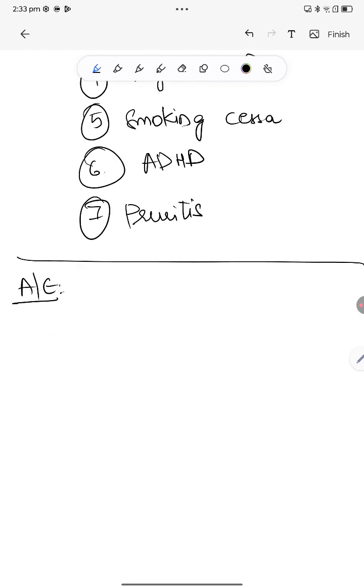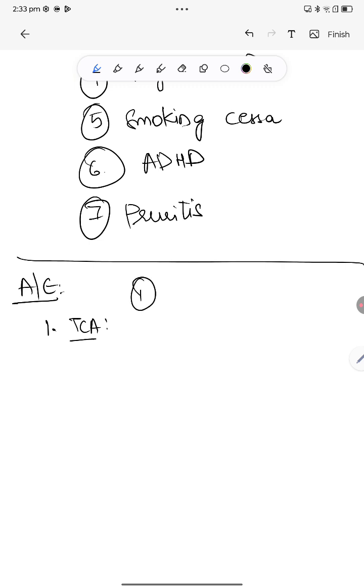Now we will talk about adverse effects. First, adverse effects of TCAs, because there are a lot of other receptors which are being modulated by TCAs.